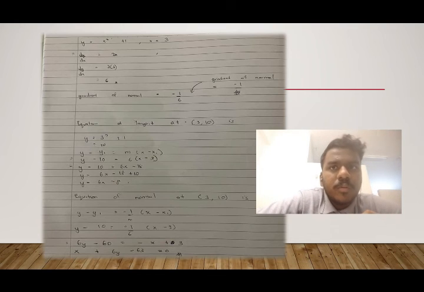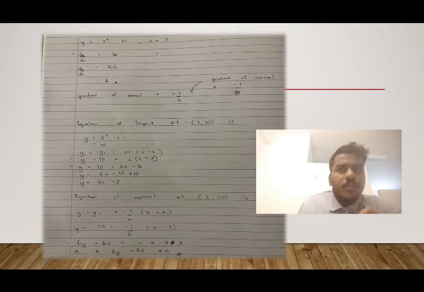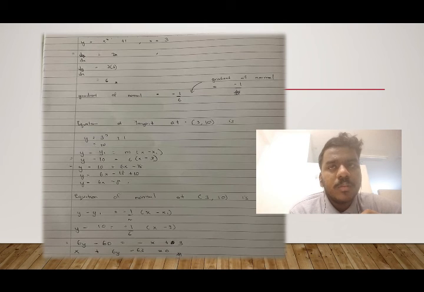So next is the equation for the normal, at the point 3 and 10. The formula will be y minus y1 equal negative 1 over m bracket x minus x1. So y minus 10 equal negative 1 over 6, which is the gradient of the normal, times bracket x minus 3.